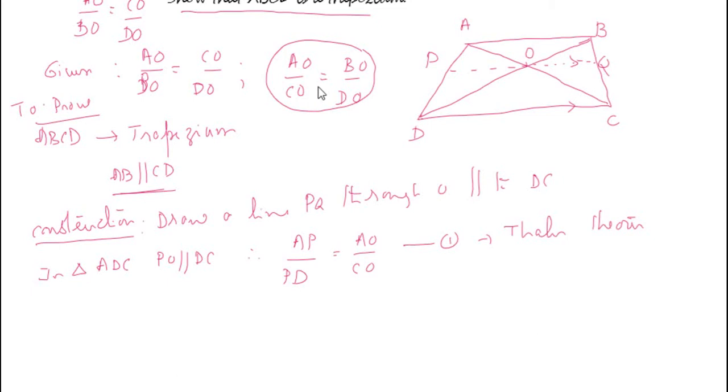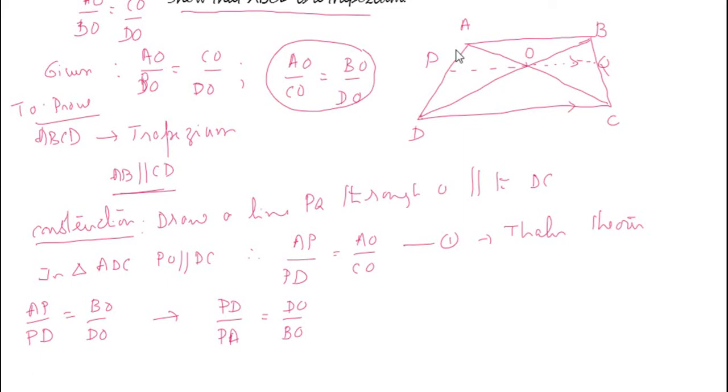But AO by CO equal to BO by DO. Therefore, AP by PD equal to, instead of AO by CO, I am going to substitute BO by DO. Now, by inversing this one, we will get PD divided by PA, that is equal to DO by BO.